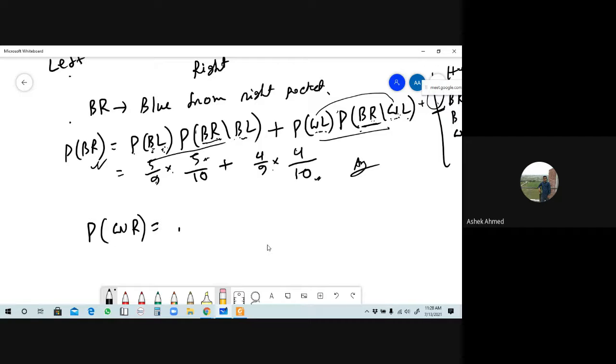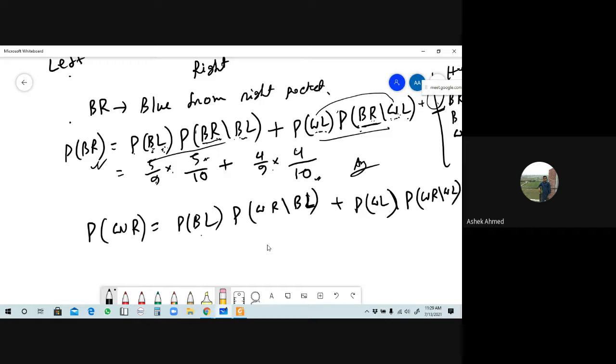First of all, this will be blue from right, যদি সে লেফট পকেট থেকে প্রথমে ব্লু মার্বেল উঠায়, ওকে, সেটা ইনটু দিলে কত হবে probability of রাইট পকেটে হোয়াইট মার্বেল সরাইতে হবে, তার probability বের করতে যাচ্ছি, that will be probability of white from right given BL, blue from left, plus probability of, এবার একটা হোয়াইট মার্বেল আছে white from left, ওকে, এর probability ইনটু white marble রাইট থেকে উঠাইতে হবে, that will be white from right given white from left here.